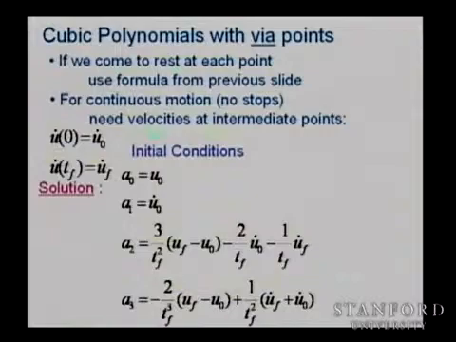And then for A2 and A3 we again have two equations with two unknowns, and they will be functions this time not only of the positions and the time, but also of the target velocities. Okay? So if we know the target positions, u sub 0, u sub f, the target velocities, u sub 0 dot, u sub f dot, and the target duration for that segment, we can compute the trajectory given those conditions.